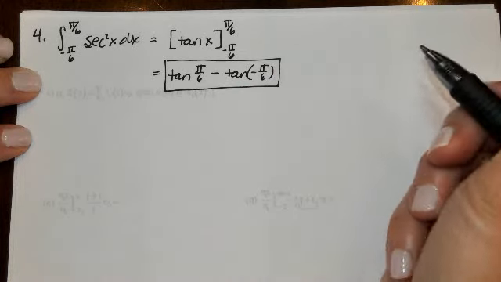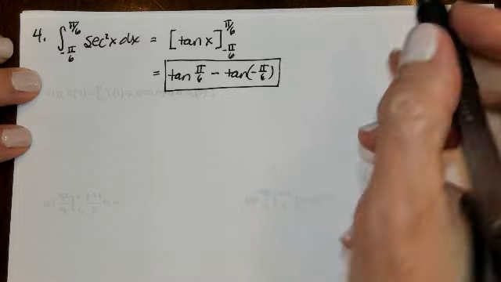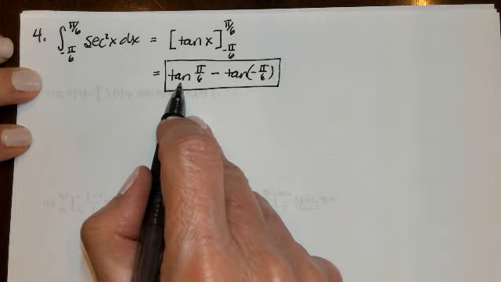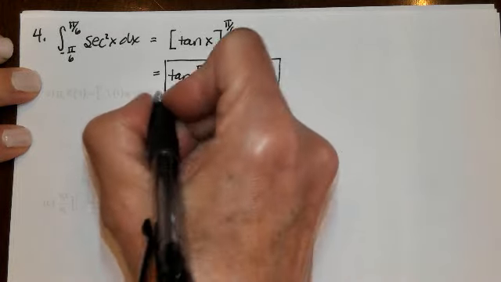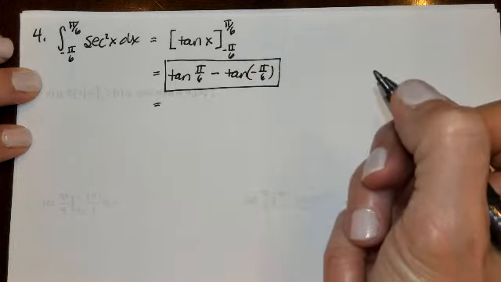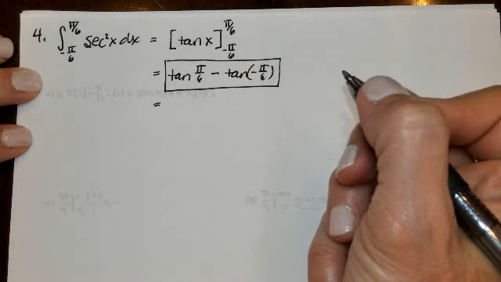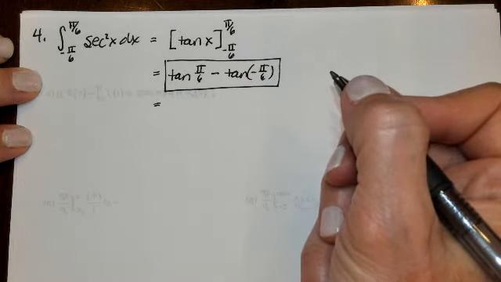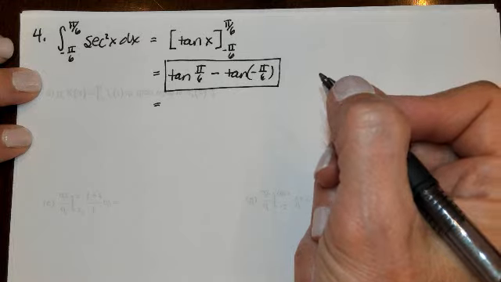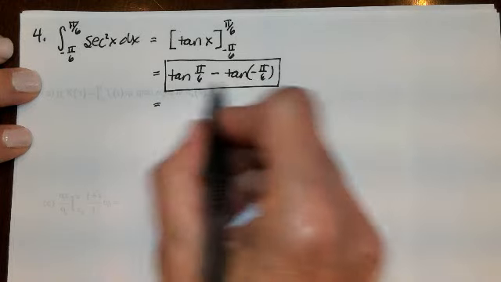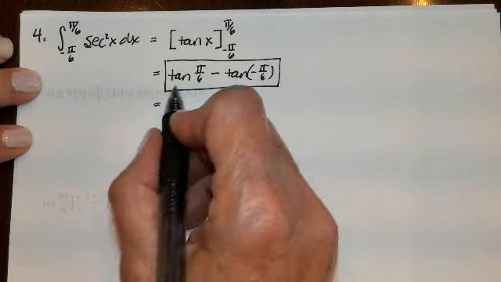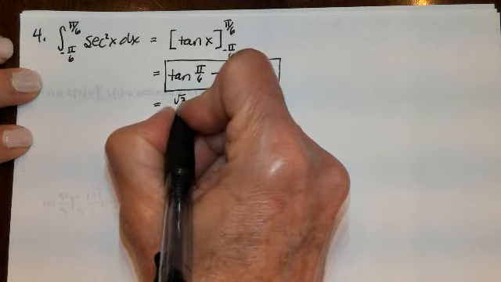Not graphing calculator, scientific calculator. And scientific calculators do have all the trig functions. Okay? All right, but if this is a no calculator, and if it is a multiple choice, which it likely will be, we would need to be able to do this on our own. So tangent of pi over 6 is square root of 3 over 3.